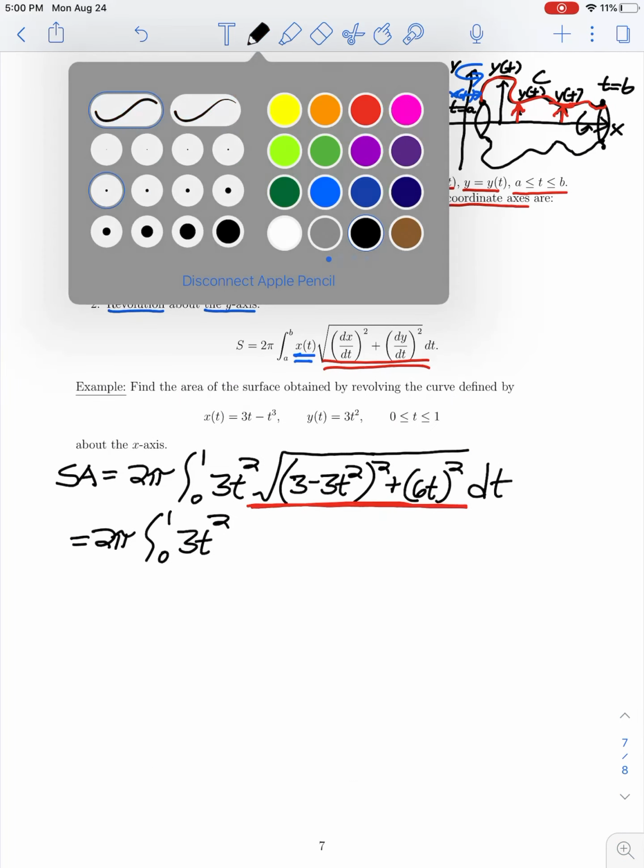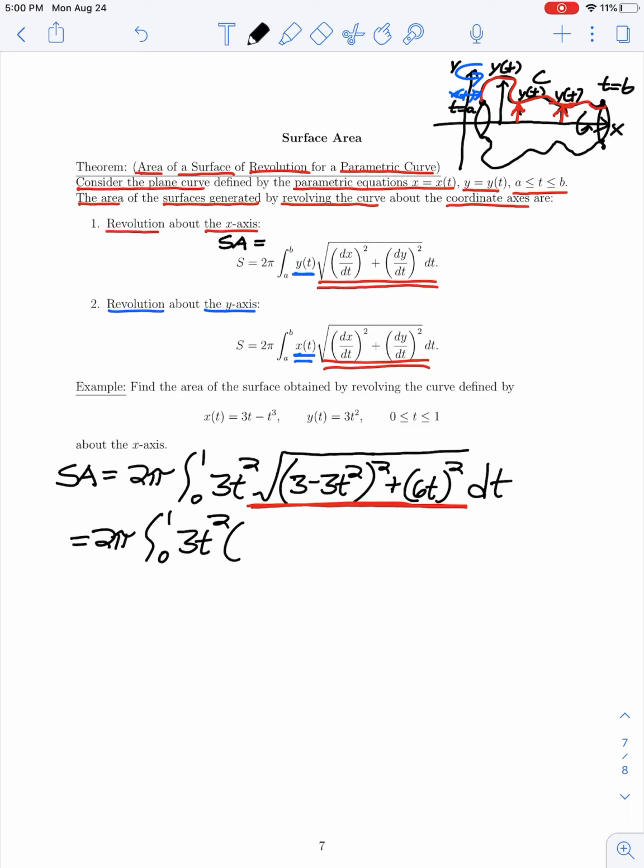So using the work from our previous example, this second term reduces to 3 plus 3t squared dt. In this step, maybe put a note to yourself in your lecture notes: see the previous example to see how that simplification occurs.